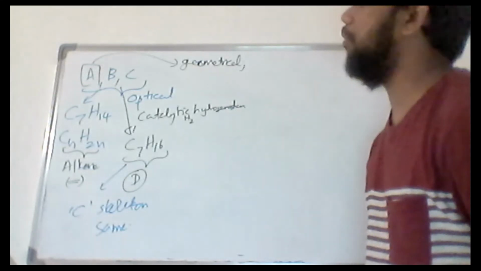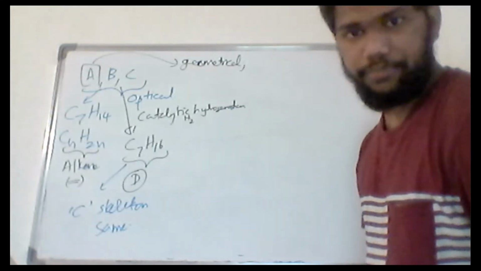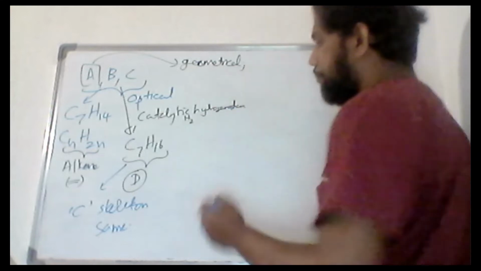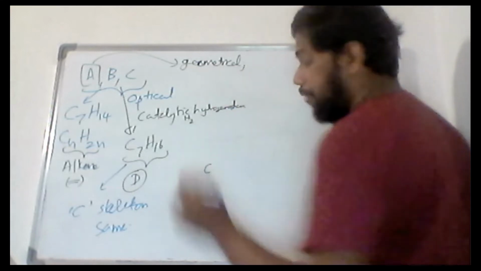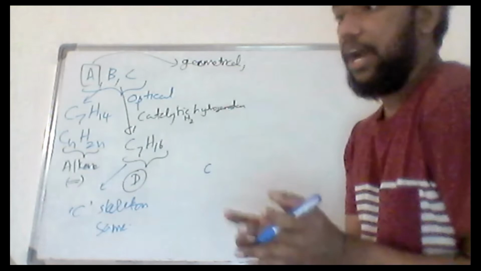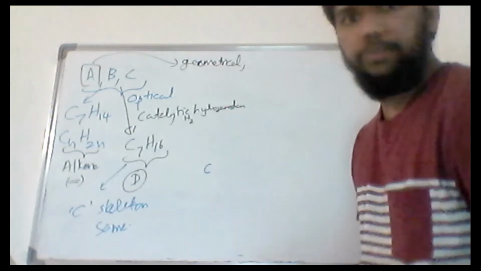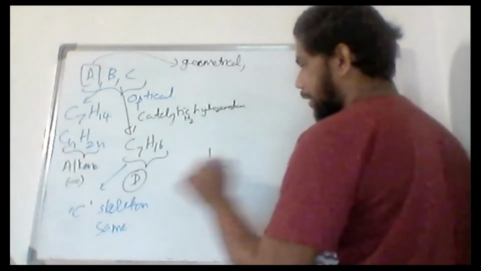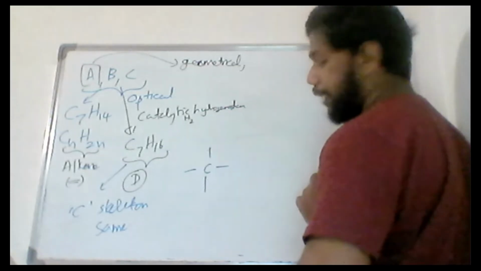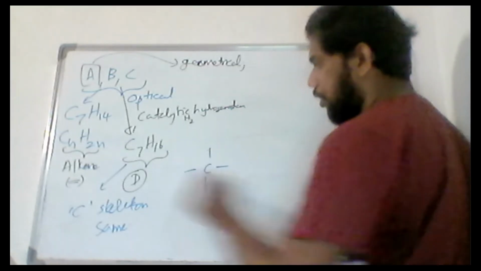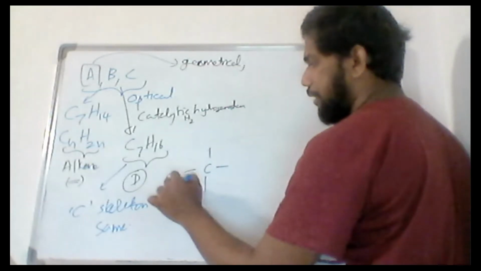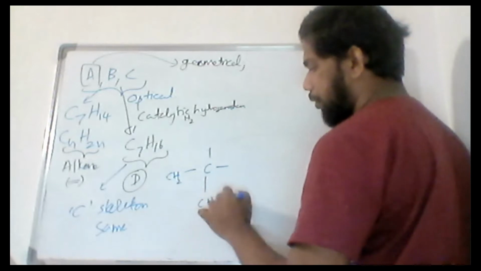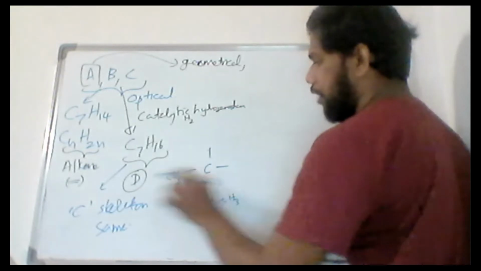Okay. Now we will go back to the question again, right? So ABC all show optical isomerism, which gives the idea that there should be a carbon with 4 different groups. So I can write it down like this. If you think this should be CH3 and this should be CH2, CH3, that is 1, 2, 3, 4 carbons.